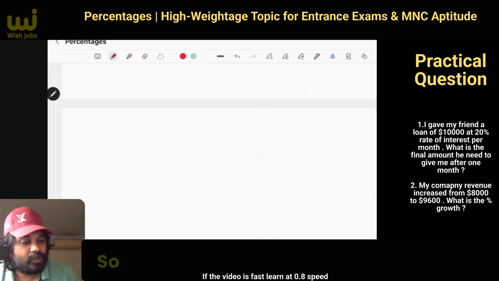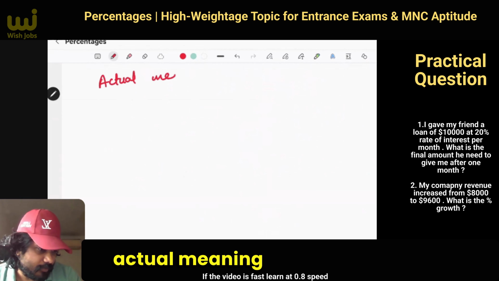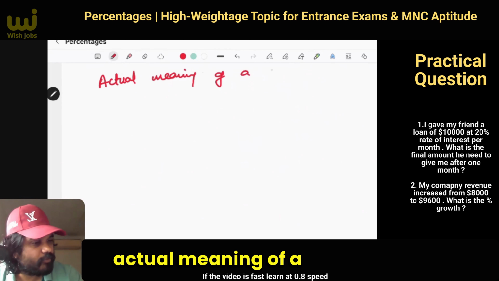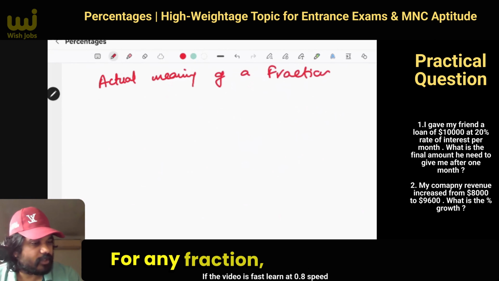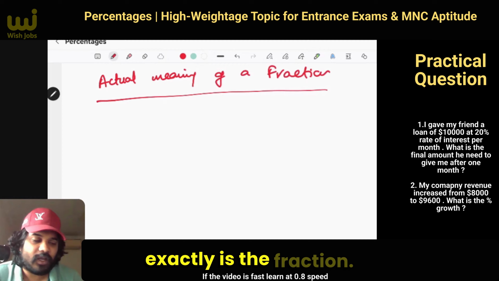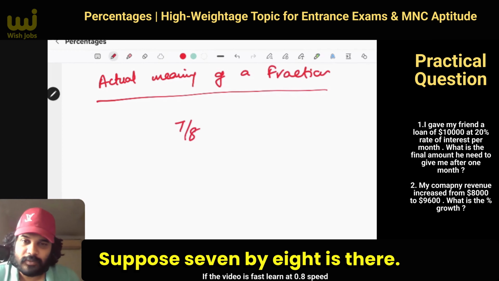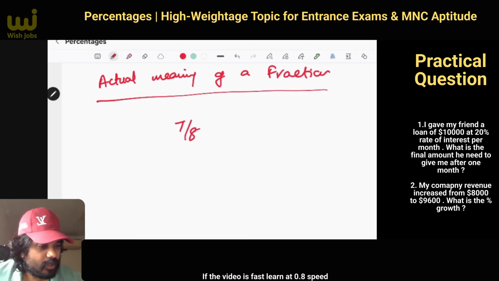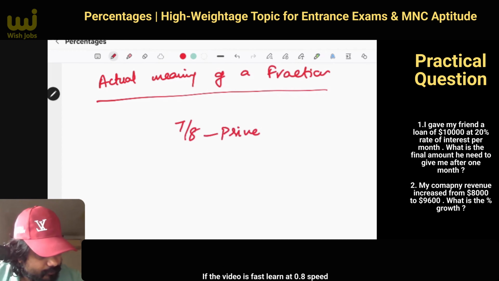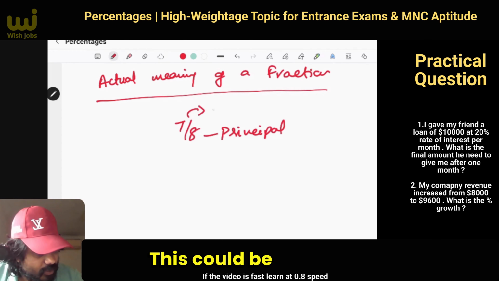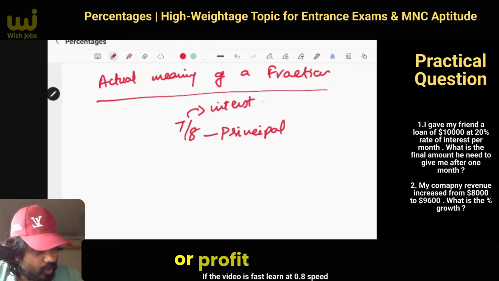Right. Now we will try to understand the actual meaning of a fraction. For any fraction we should understand what exactly it is. Suppose 7 by 8 is there. This would be your principal, and this could be interest or profit or loss.